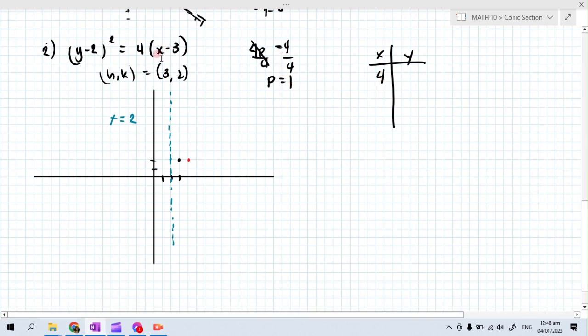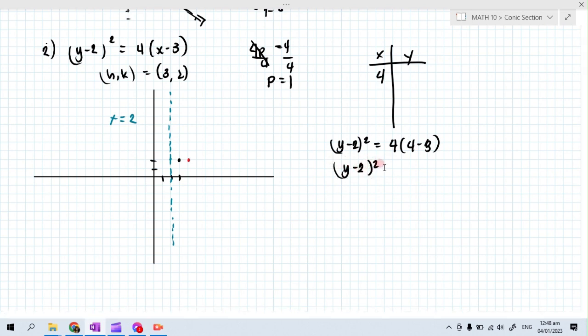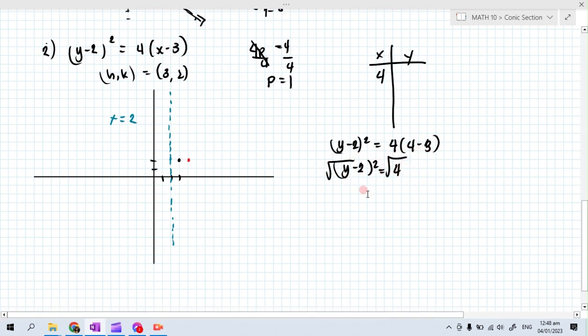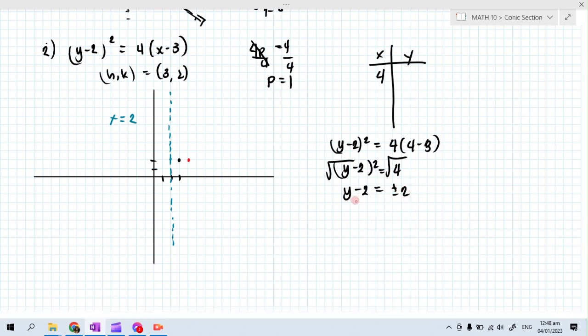If we substitute 4, 4 minus 3 is 1, so we will be left with 4. Let me write it. y minus 2 squared is equal to 4 times 4 minus 3. So y minus 2 squared is equal to 4 minus 3, 1, times 4, 4. So square root both sides, and we will be having y minus 2 is equal to plus or minus 2.